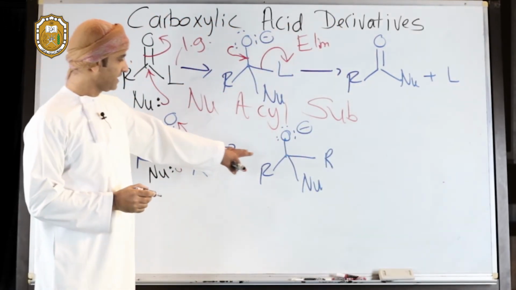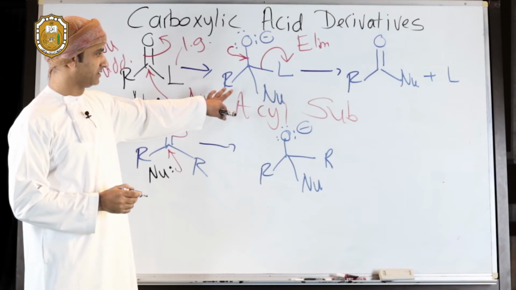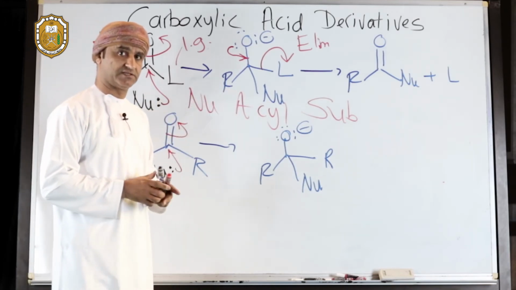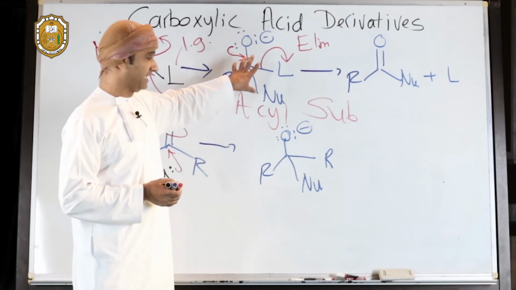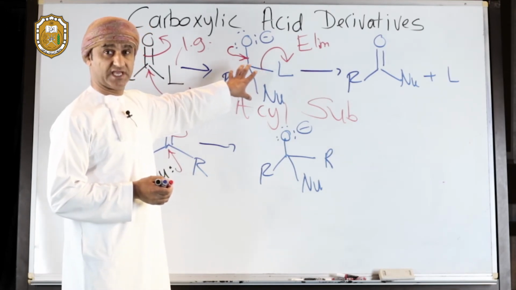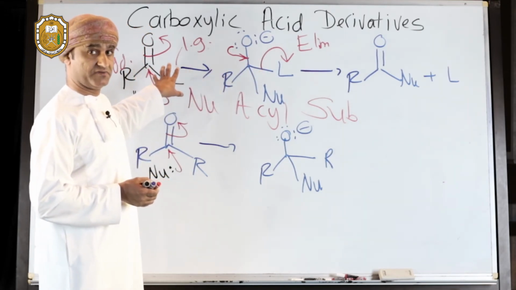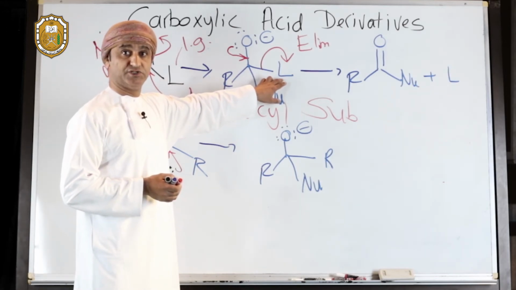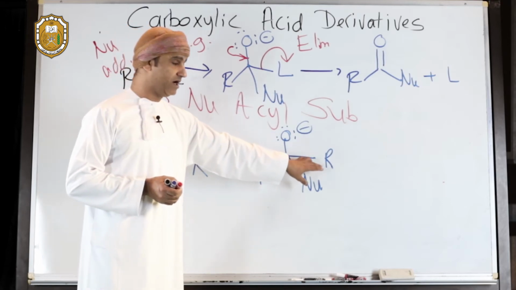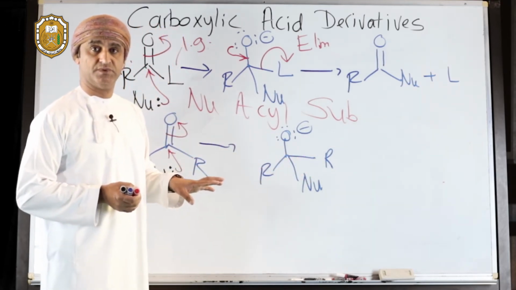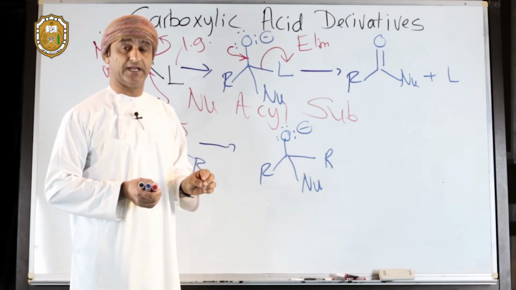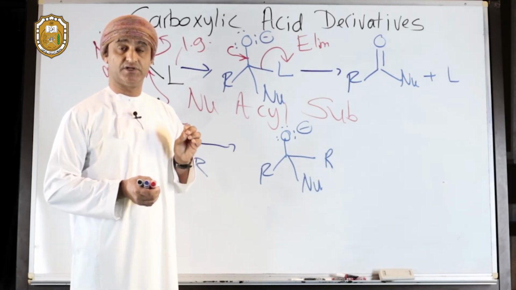Now, this intermediate is similar to that, but the significant difference, as we have said and stressed before, is that this alkoxide intermediate, in the case of carboxylic acid derivatives, has a leaving group or a potential leaving group. Now, R is not a leaving group. If it leaves, it forms a carbanion, and of course, carbanions are not leaving groups at all.